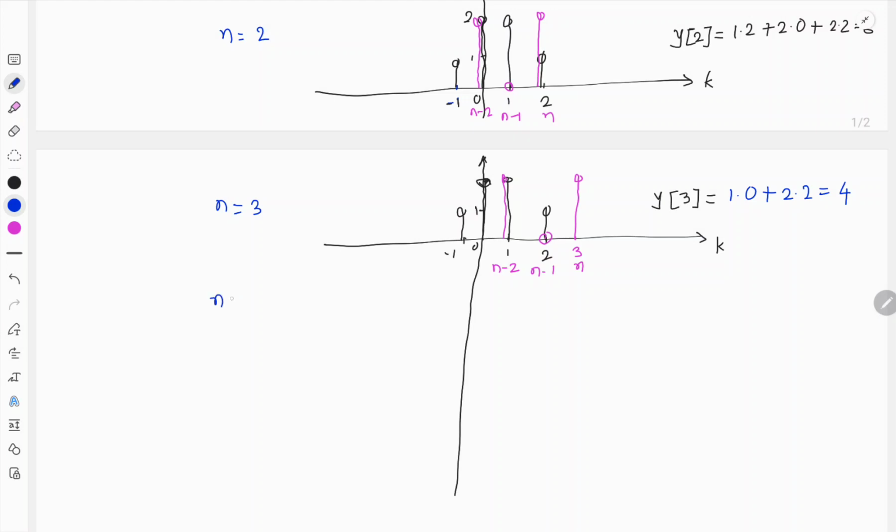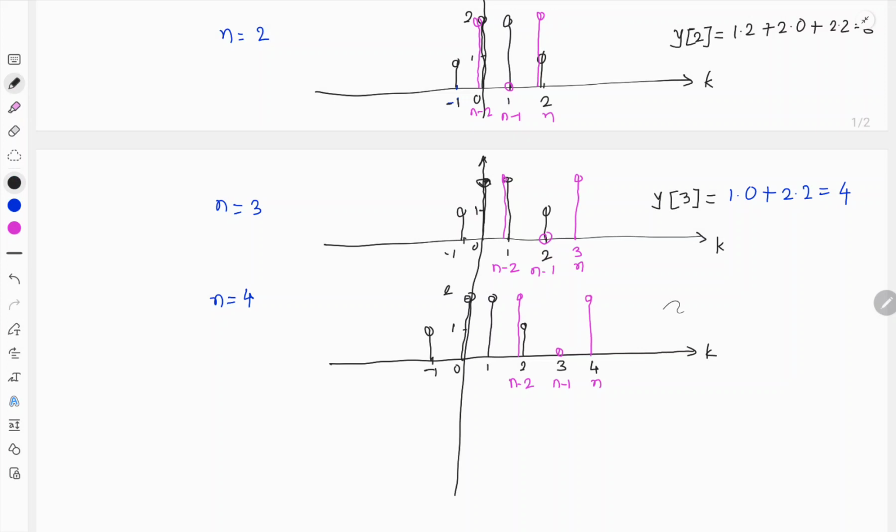Similarly, increment the value of n now to 4, and again draw the overlapping signals. Now h of n minus k, n is 4, so n, n minus 1, n minus 2, and find out y of 4.